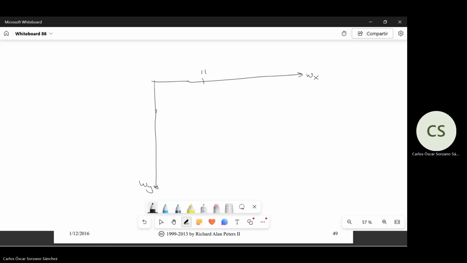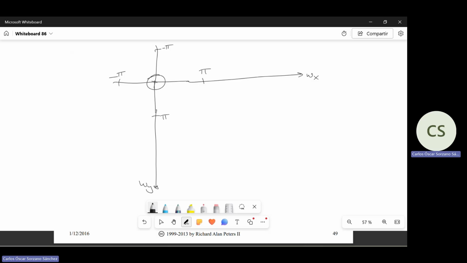This is pi. This is minus pi. This is pi. This is minus pi. And our spectrum is in the middle. Okay. So that is our spectrum. And it is periodic with period 2 pi.